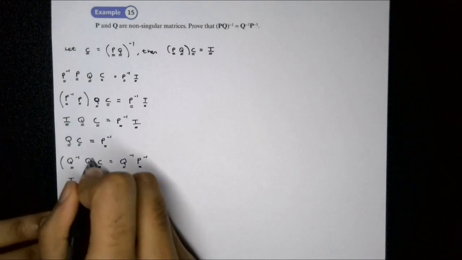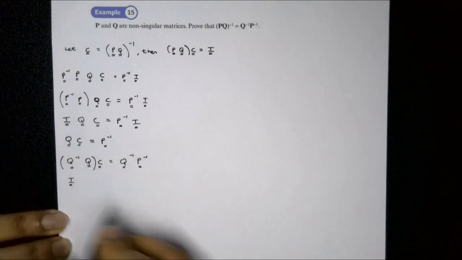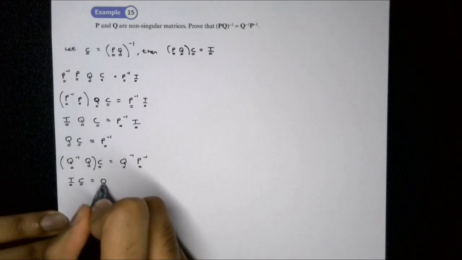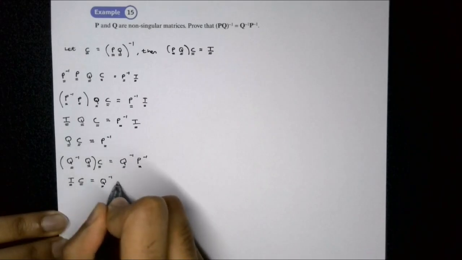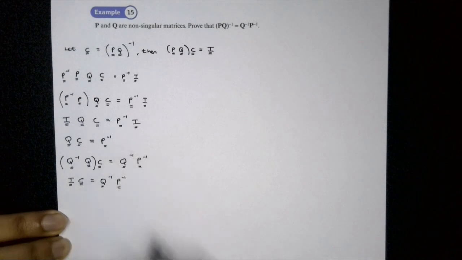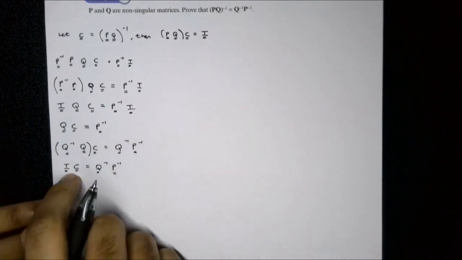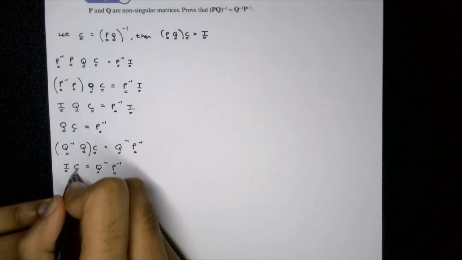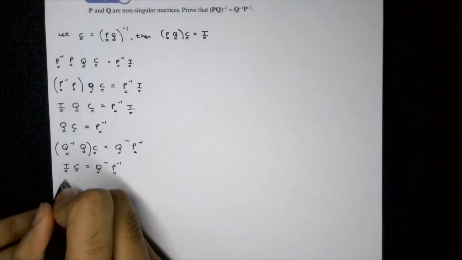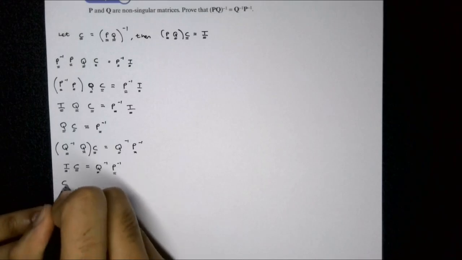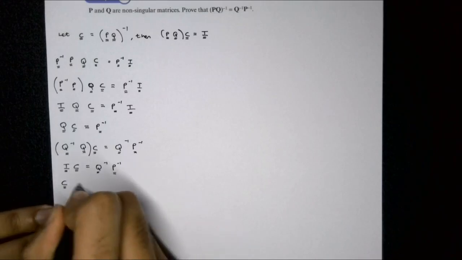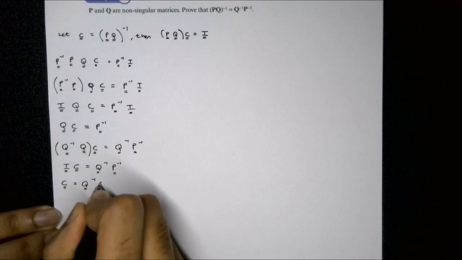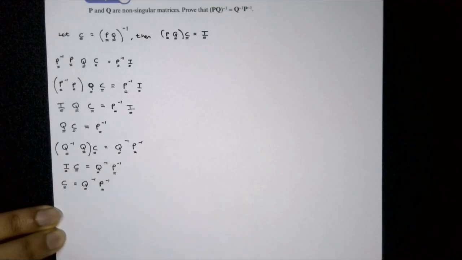Perhaps if we put this in a bracket, might make it a bit clearer. We've got the identity matrix multiplied by C. This is equal to inverse of Q times by inverse of P. Now of course, identity matrix multiplied by matrix, that's just that matrix, it's the same as multiplying by 1 essentially. So here IC, that's the same as C. And on this side we've got inverse of Q times by inverse of P.